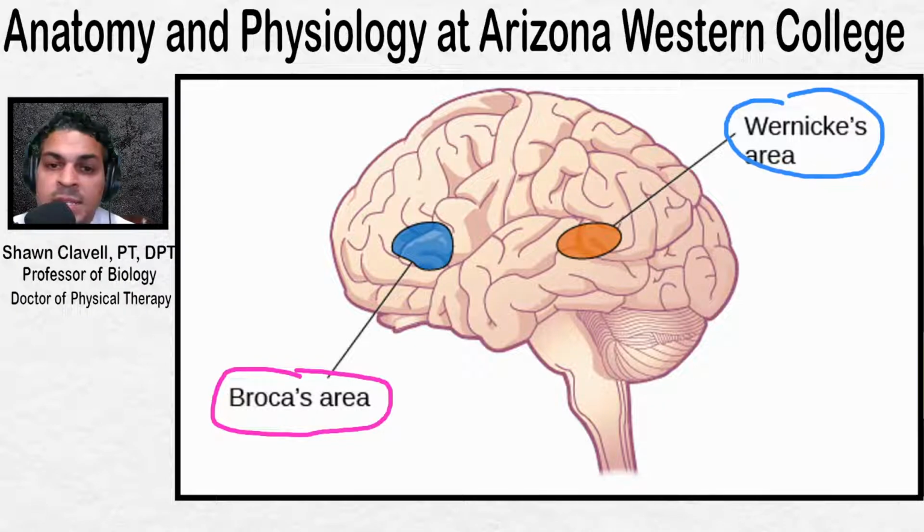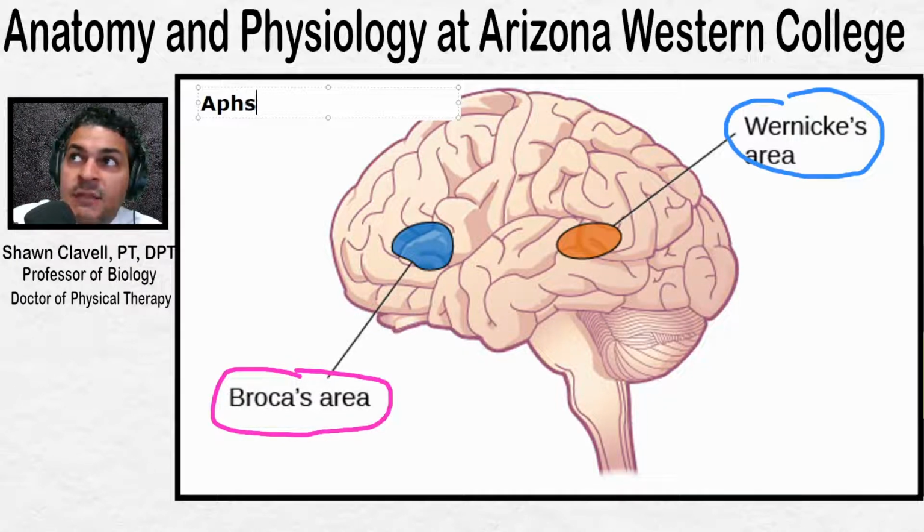Broca's and Wernicke's. Now, we'll start by identifying that these are related to speech. So either speech production, Broca's area, or speech interpretation, Wernicke's area. So if there was an injury to either one of these areas, it might result in a symptom known as aphasia.